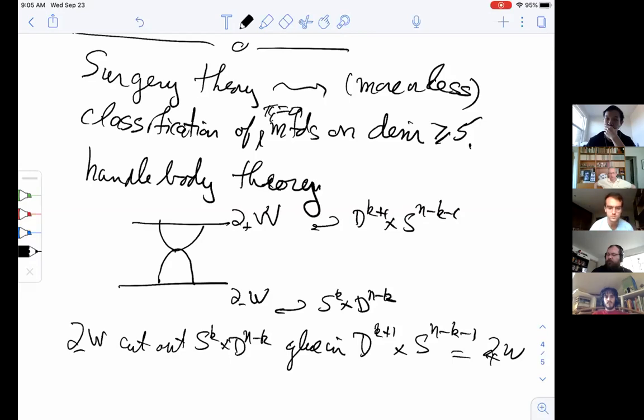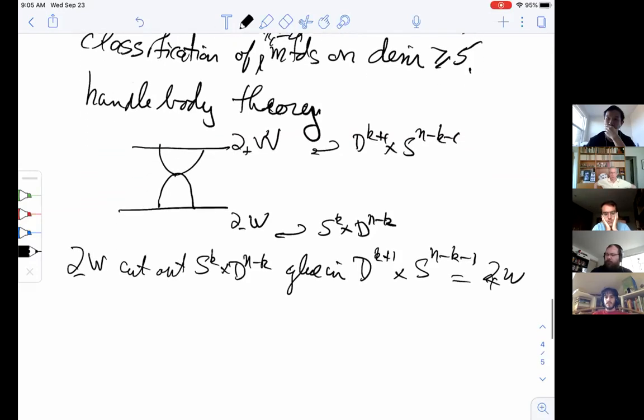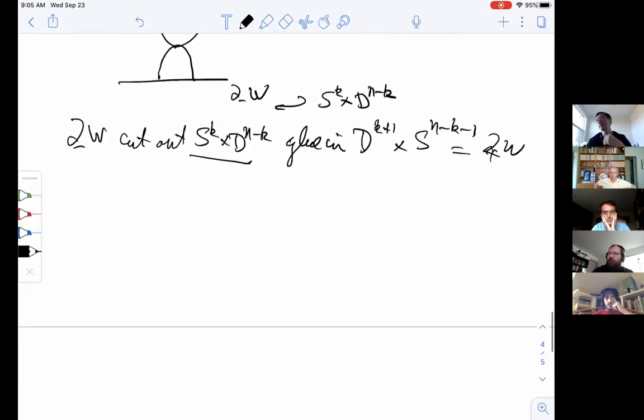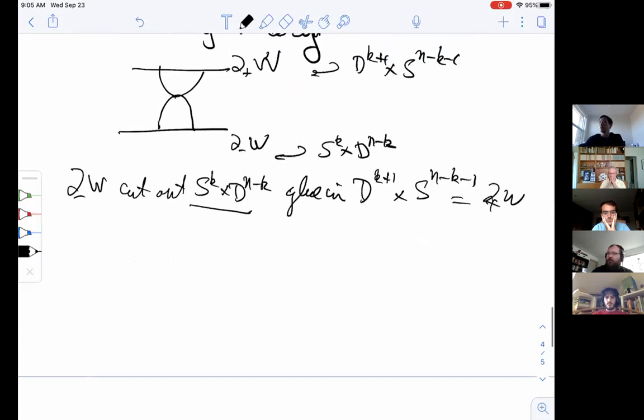So boundary plus of W is obtained from boundary minus by doing a single surgery on this sphere with trivial normal bundle inside boundary minus. And then every manifold has a handle body decomposition. It's built up from the empty set or its negative boundary by adding handles.